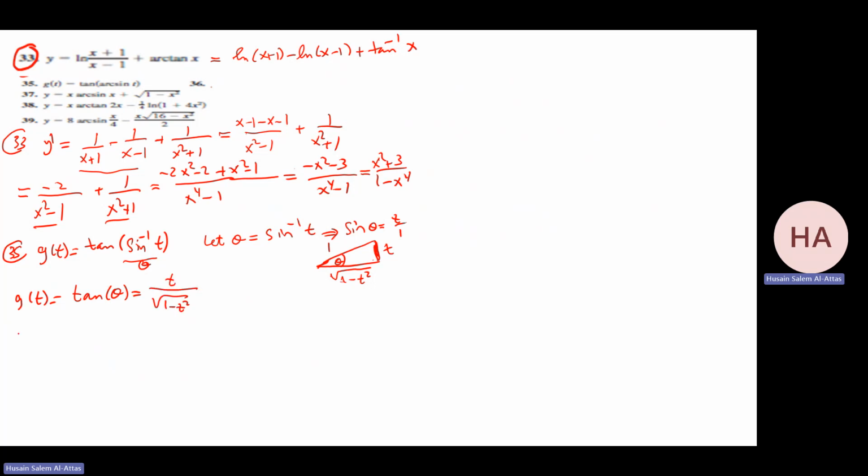So it will be g prime at t. Now I have quotient rule.